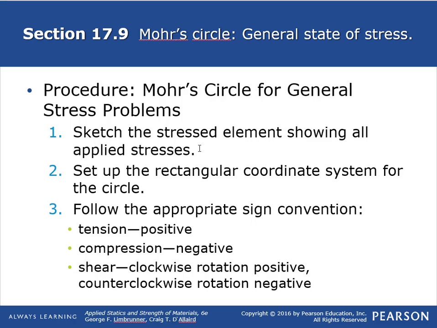That usually comes to you as the problem statement. Step 2, set up the rectangular coordinate system for the circle. That is, the x-axis is the normal stresses, the y-axis is the shear stresses. Step 3, follow the appropriate sign conventions. Tension is positive, compression is negative, and for shear, clockwise rotation is positive and counterclockwise rotation is negative.